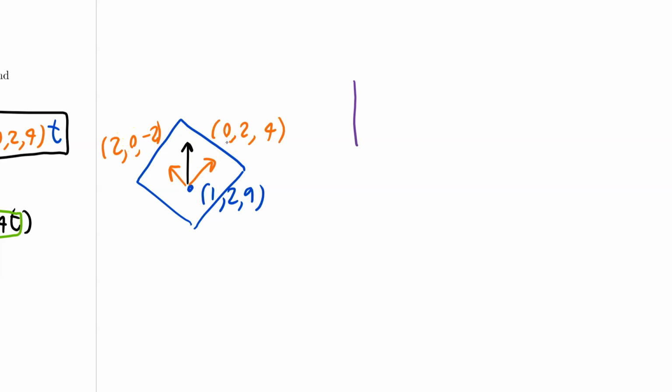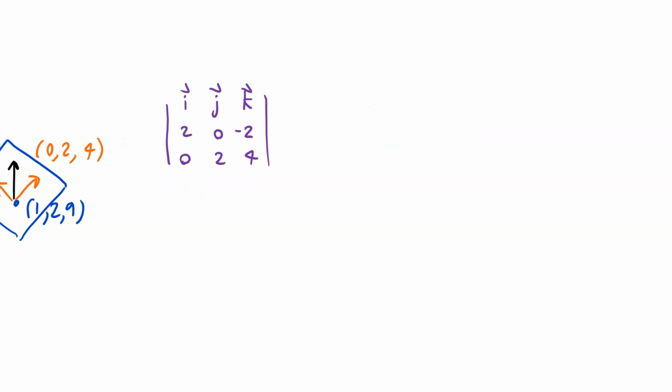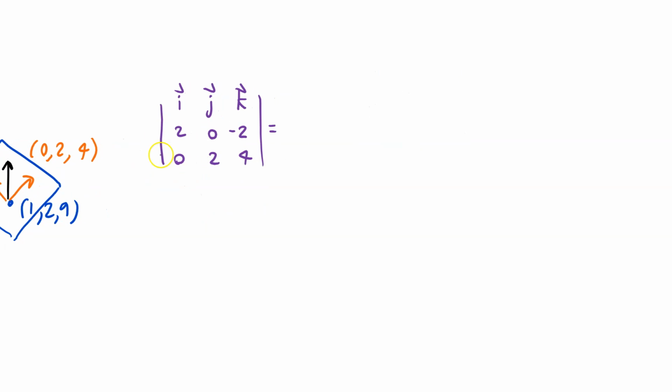The cross product is going to be i, j, k, then 2, 0, negative 2, and then 0, 2, 4. I'm going to compute the determinant of this matrix. If I multiply down, I'm going to get 0, 0, and 4k.